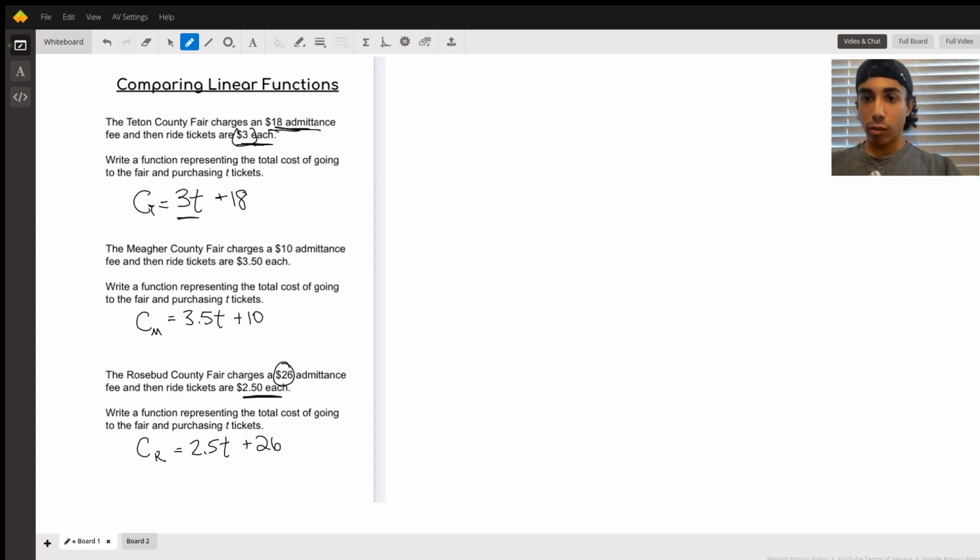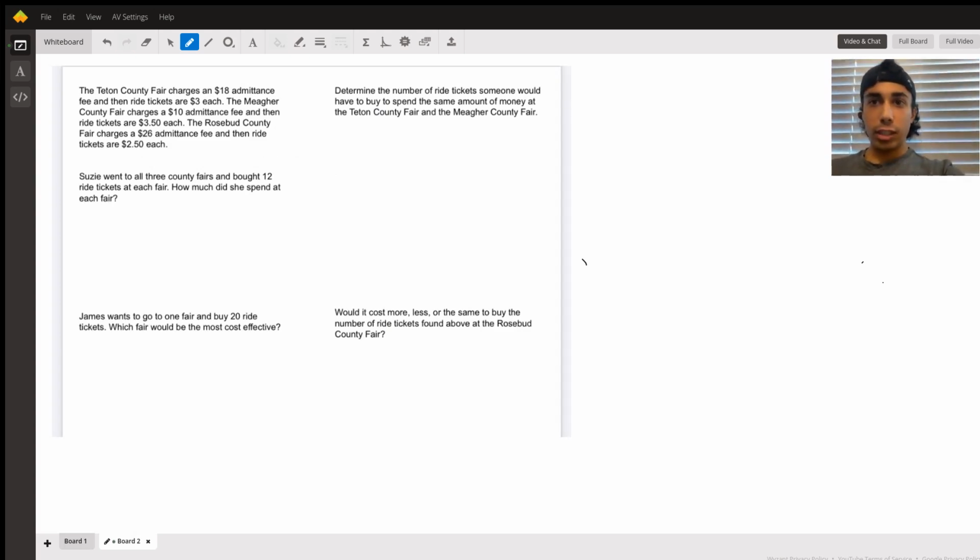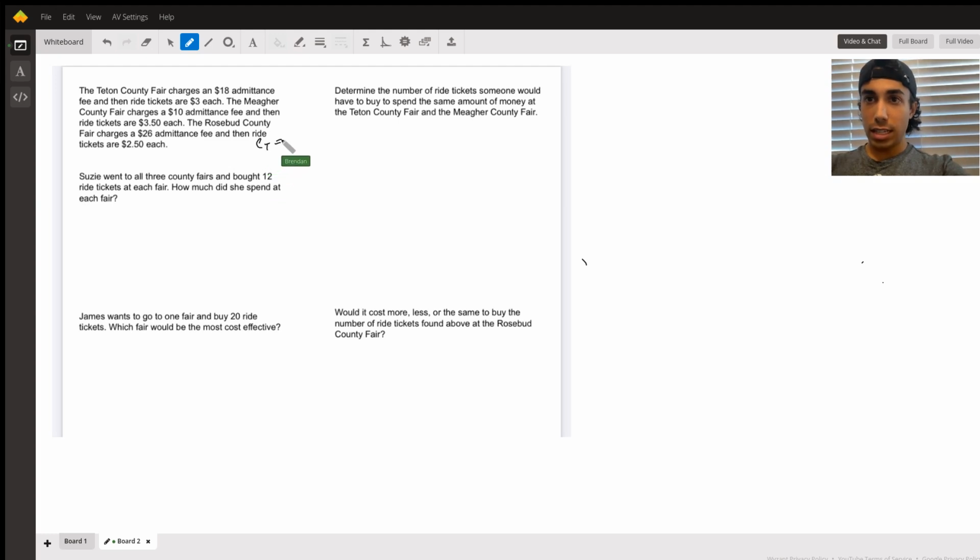Go ahead, come over here to board number 2. I'm going to rewrite the equations that we just came up with so that we have them all on the same page. We have our Teton equation, cost of Teton: $3 per ticket plus 18 to get in. At Meager, it was $3.50 per ticket plus $10 to get in.